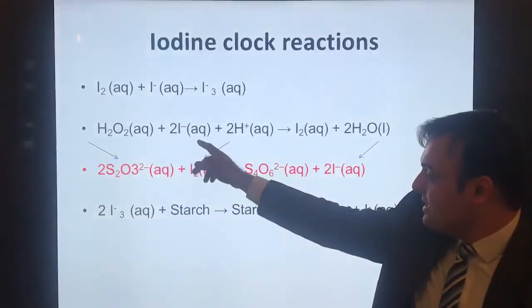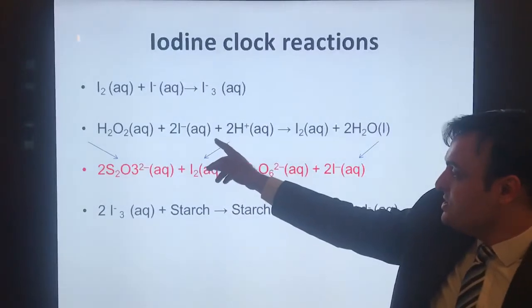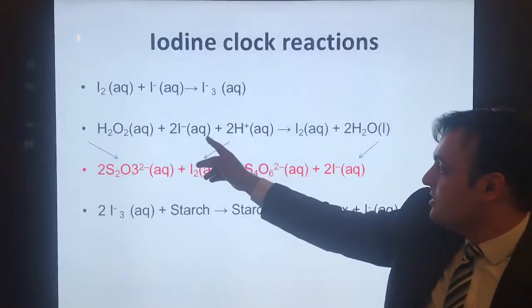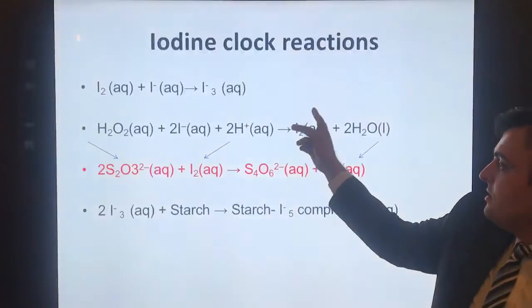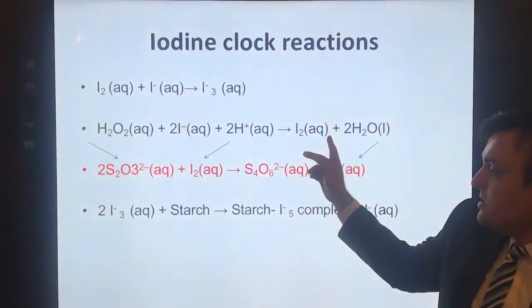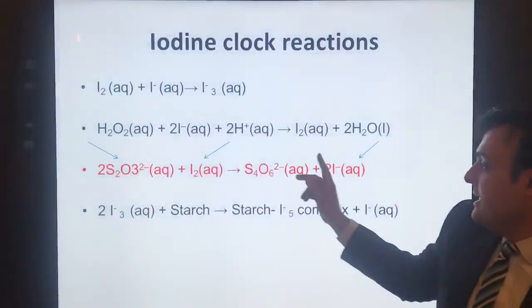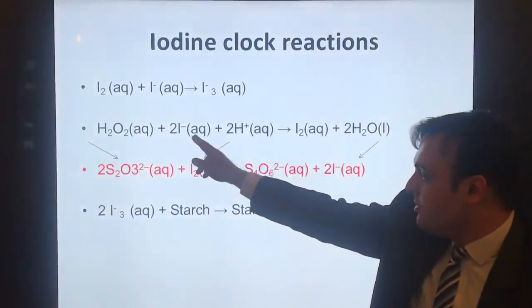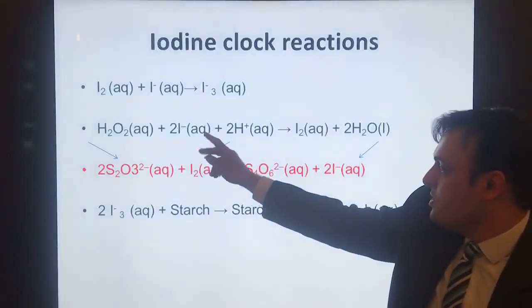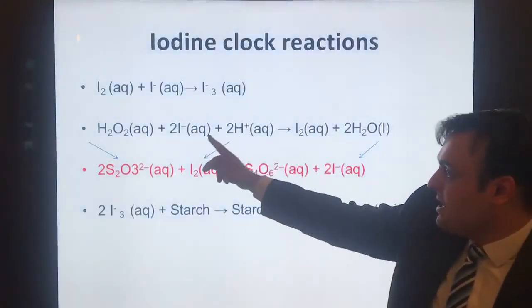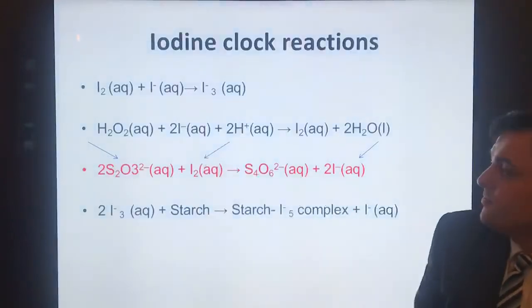So basically, in the second equation, iodide creates iodine. As soon as iodine is formed, it reacts with the sodium thiosulfate and again regenerates iodide ion. So again it is reduced back to iodide.